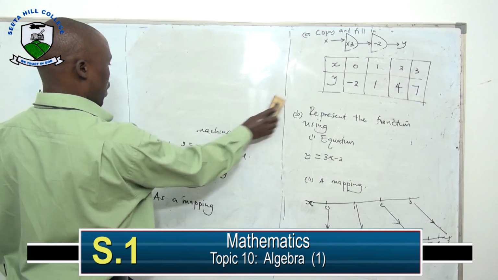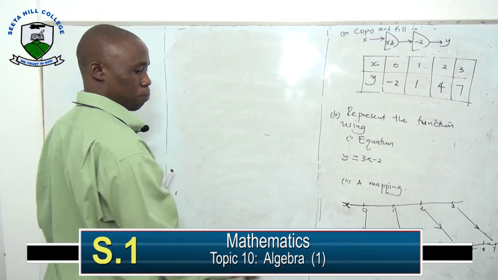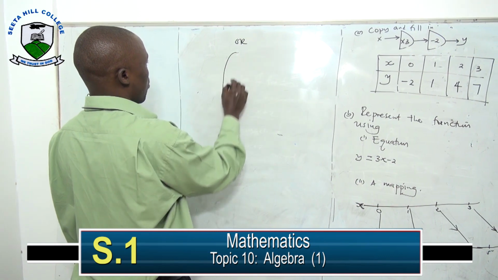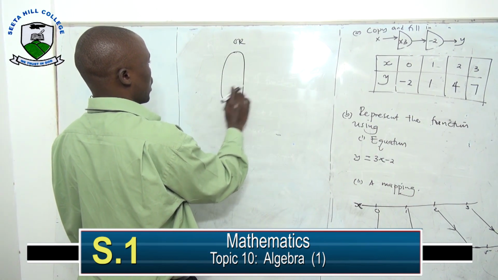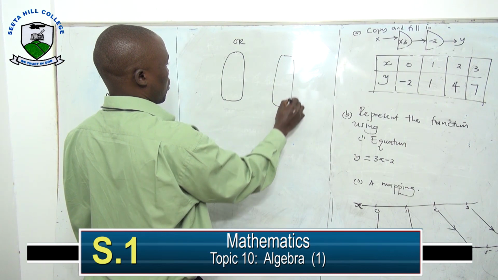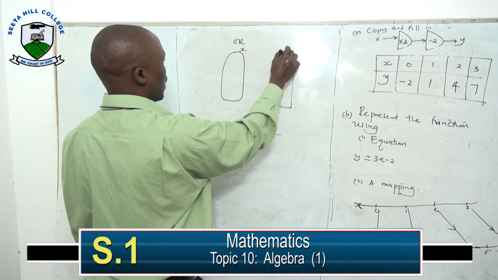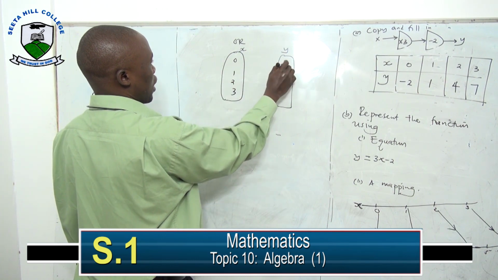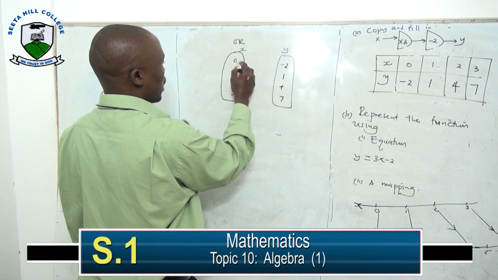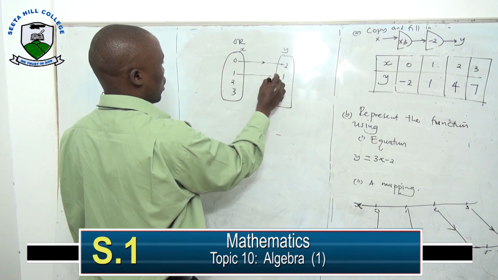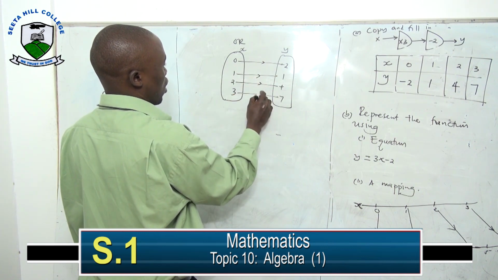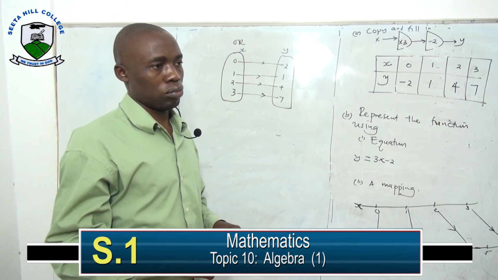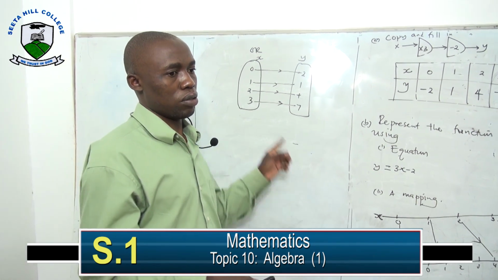Now we are trying to summarize. Alternatively, somebody can just use this as x and feed in what you have here: negative 2, 1, 4, 7. 0 went to this, this went to that.